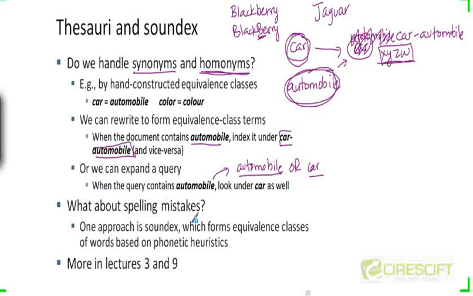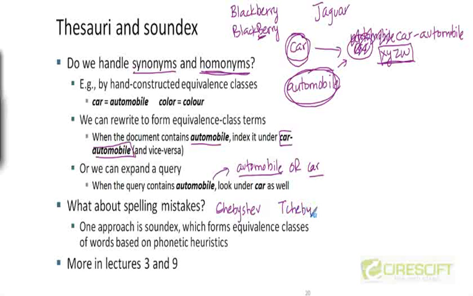How do we deal with spelling mistakes? Well, this is particularly a problem with names. For example, a name like Chebyshev, if you've done a course on probability or stochastic processes, you may have done Chebyshev's inequality.